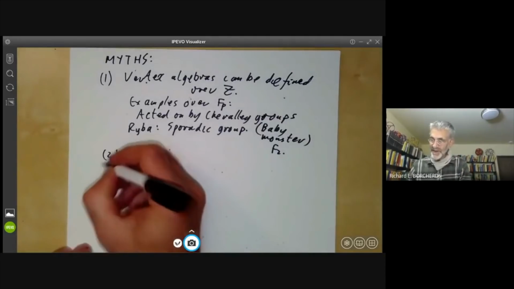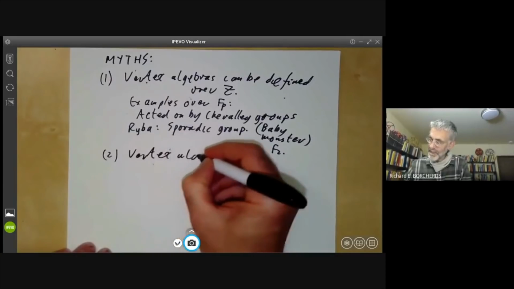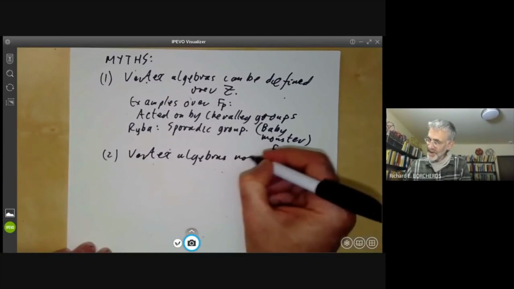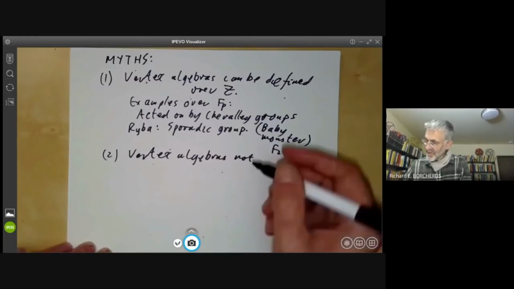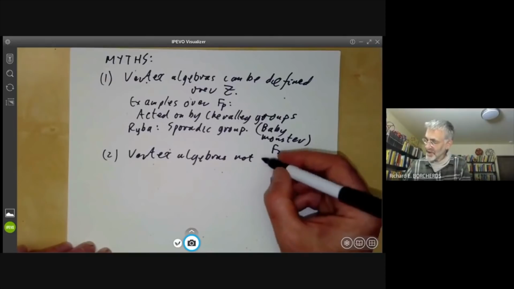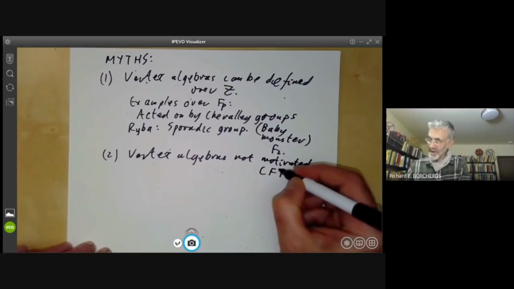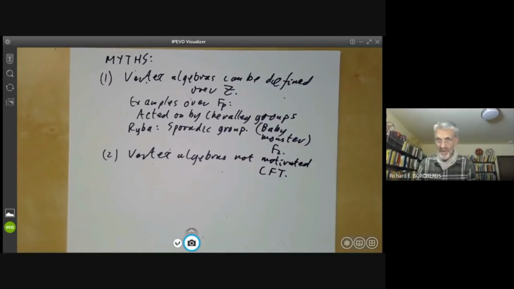The second myth is that vertex algebras are motivated by conformal field theory. In fact, they weren't motivated by conformal field theory because I had no idea what conformal field theory was at the time.